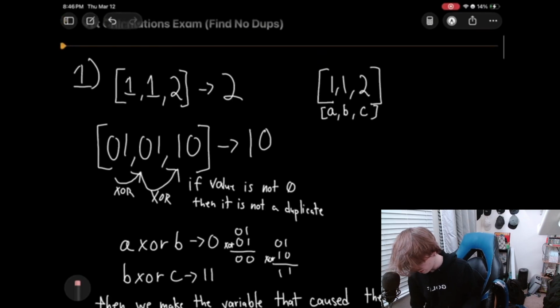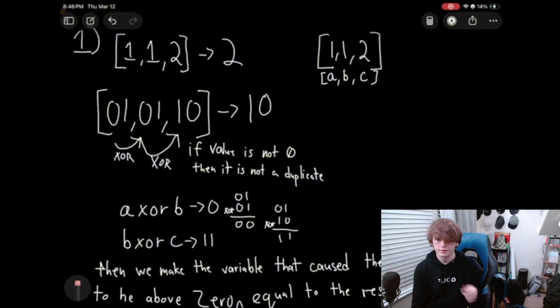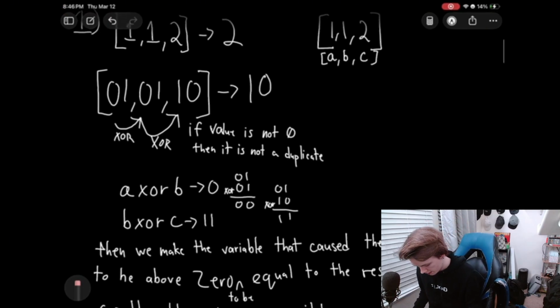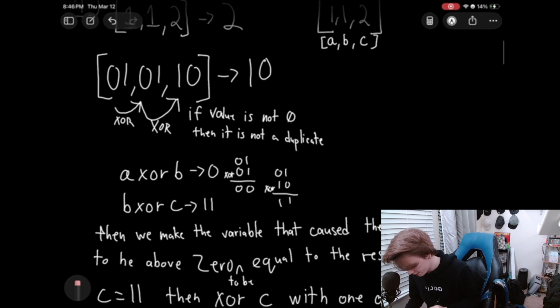And so I thought, okay, well, maybe if I go from one side to the other and I keep XORing, I could somehow determine the value for which number is not a duplicate. And so I thought, if the value is not 0, then it is not a duplicate.